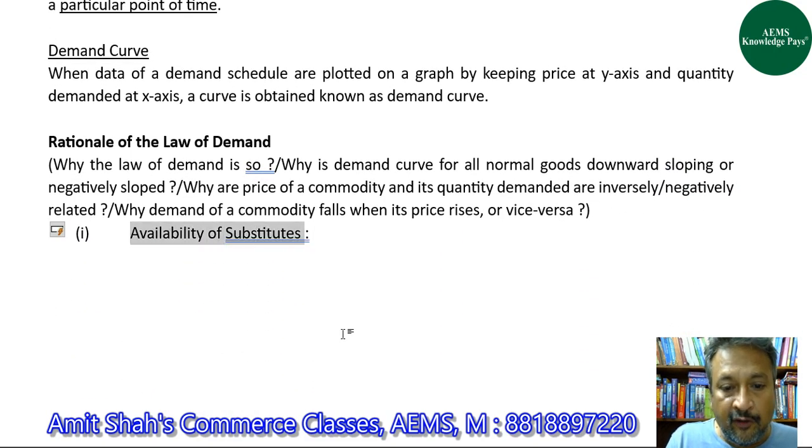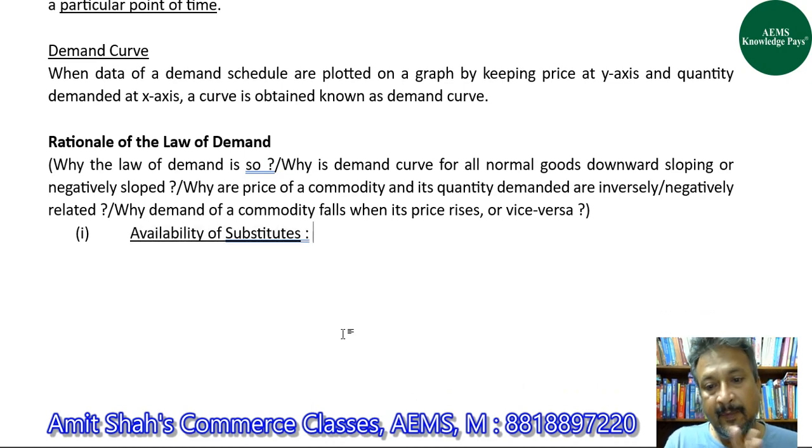So a commodity for which substitutes are available, their demand will fall when the price of the commodity rises, because with the rise in price consumers now have a chance to shift to its substitute, and when they shift to the substitute, demand of the main commodity falls. Now, had there not been a substitute, consumers would not have any choice and they would not have shifted from the commodity whose price rises. I hope you have got this.